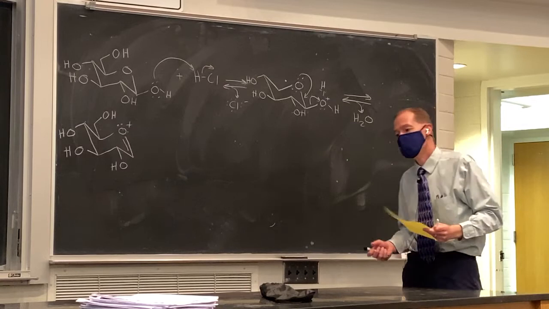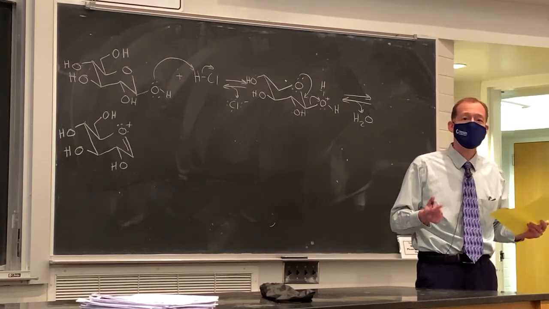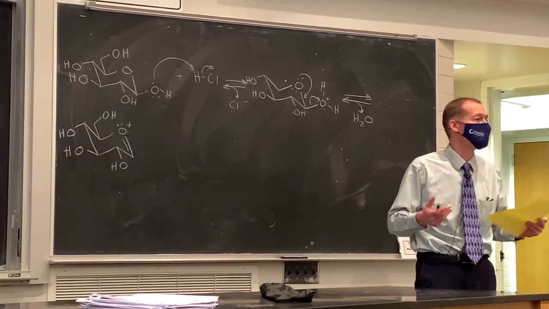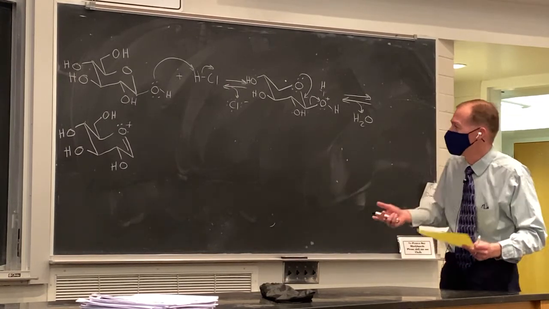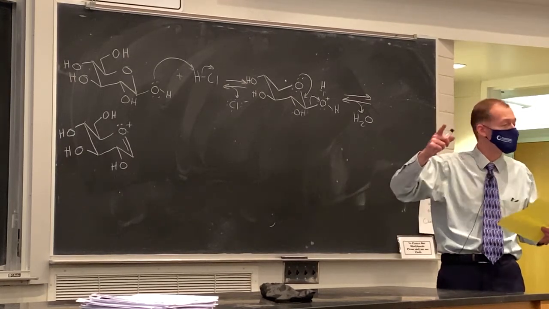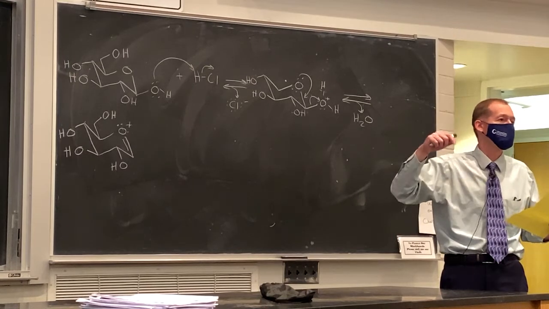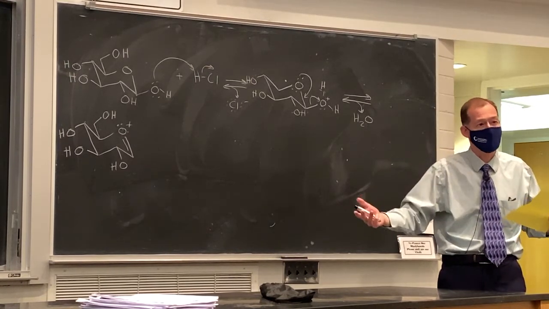Okay? So we've learned that, according to Hammond's postulate, more stable carbocations are formed more rapidly. We could protonate any of the alcohols in our monosaccharide, but only one of those protonated alcohols could lose water to generate a resonance stabilized cation.